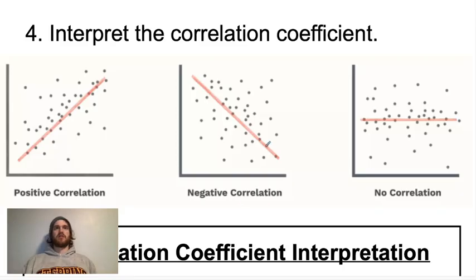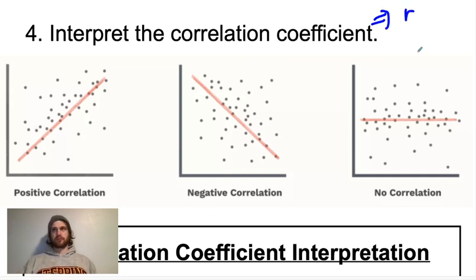So let's take a look at this really fast. Interpreting the correlation coefficient. r has lots of information in the number itself. It's always a number between negative 1 and 1, as stated. The correlation coefficient is lowercase r.